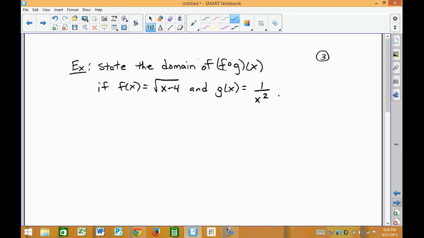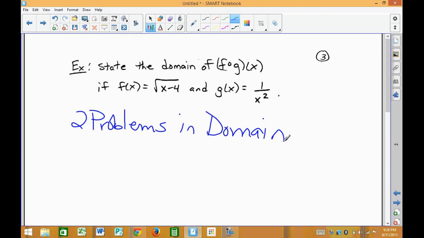If you can remember back to domain and range, there are two problems in domain. Number one, fractions.